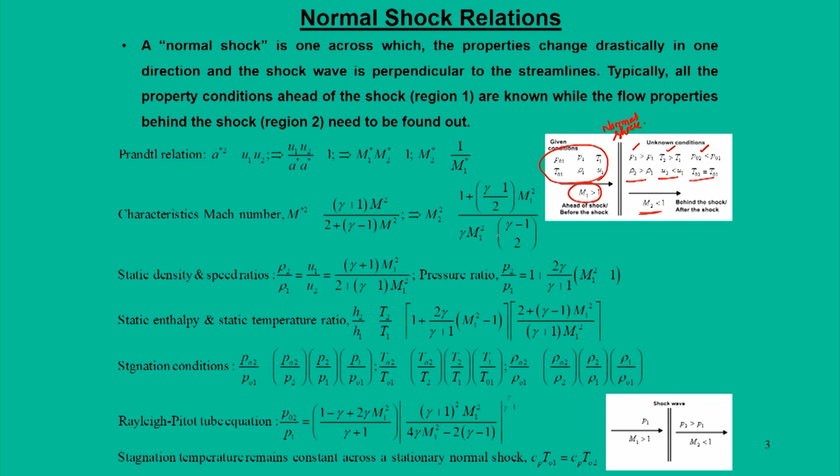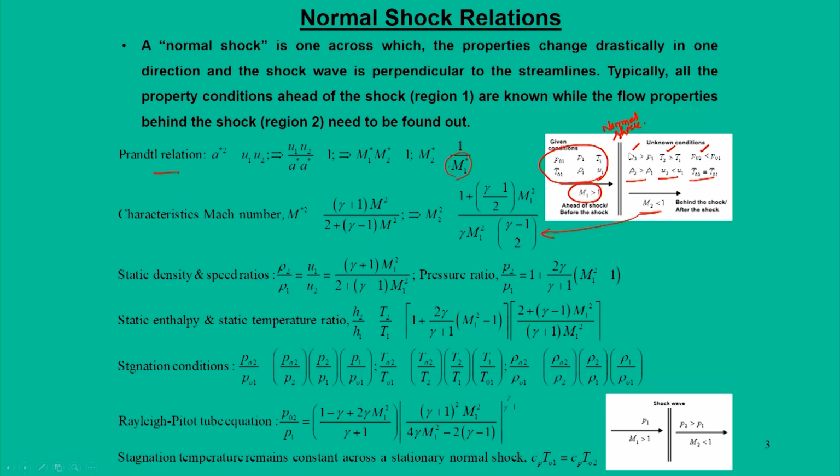We get this information through these equations, which are called the Prandtl relations, which give the relation between M2 and M1. What it says is, if your M1 is greater than 1, M2 has to be less than 1, which means the Mach number behind a normal shock is always subsonic.